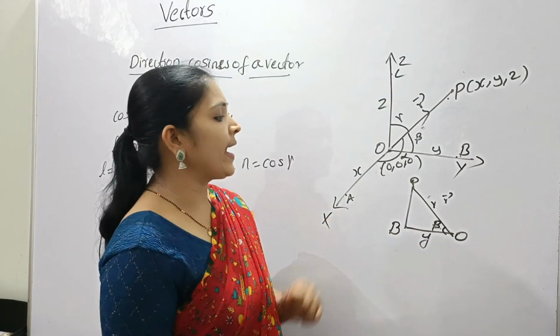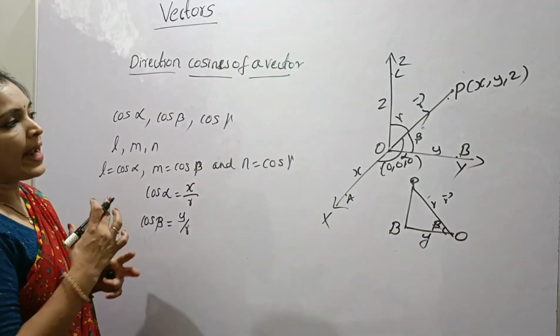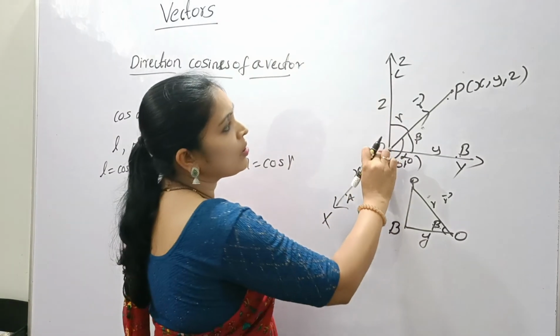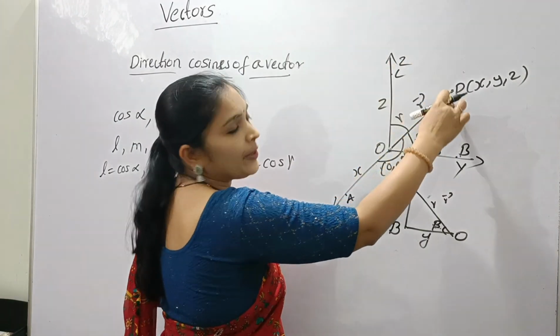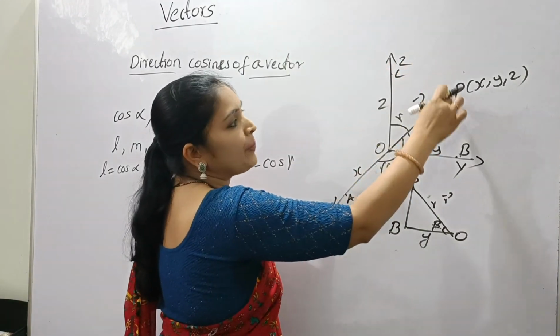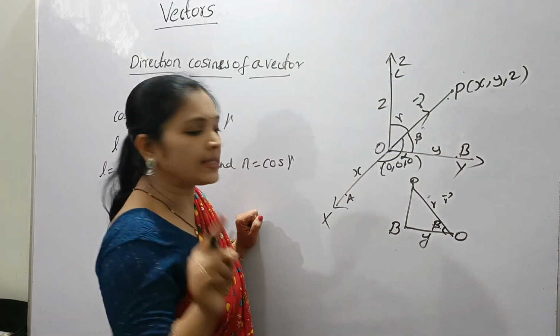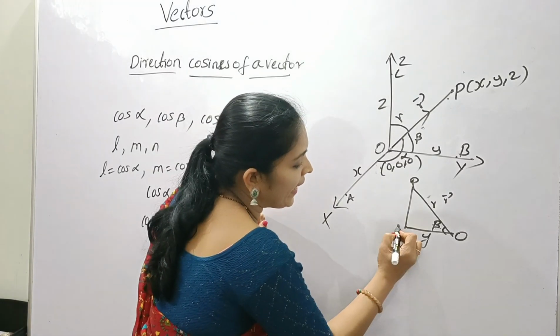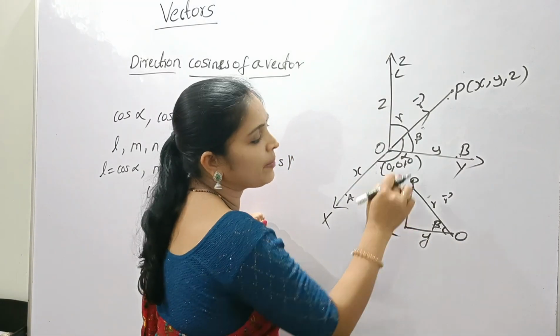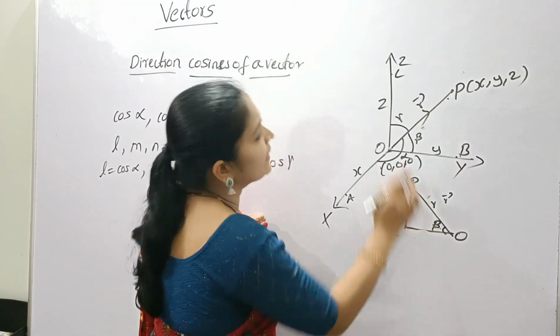Next, the right angle triangle OCP, right angled at C. What is the length of OC?